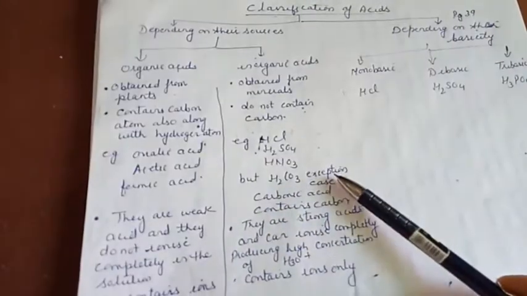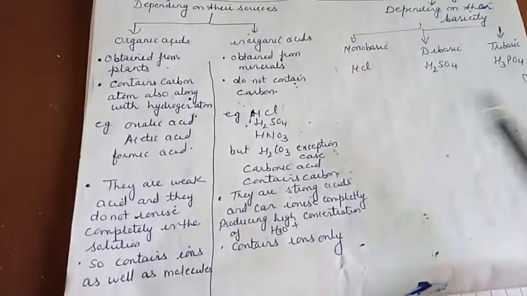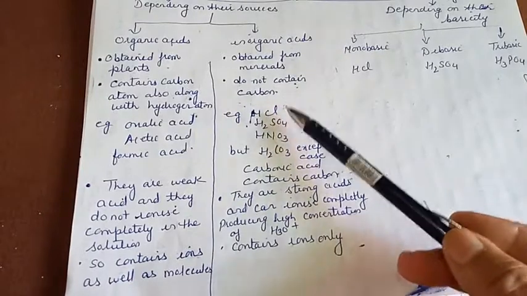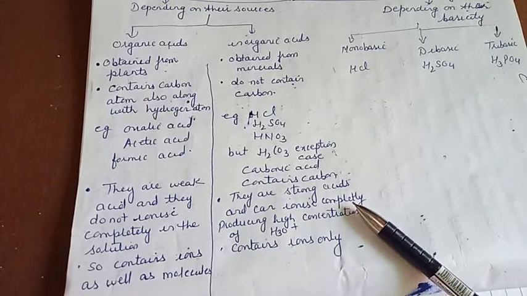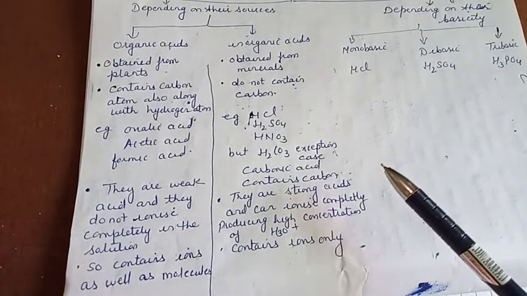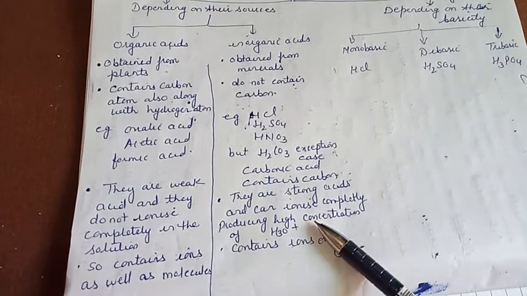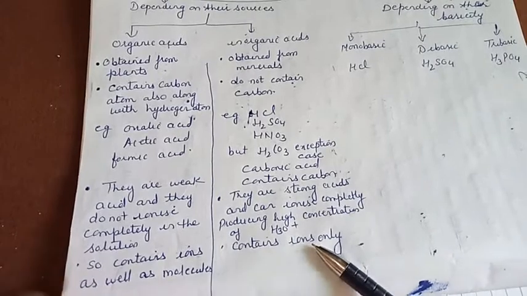And one exceptional case is carbonic acid, which contains carbon. These inorganic acids are strong acids and ionize completely in solution, producing a high concentration of hydronium ion. And remember, these inorganic acids contain only ions.